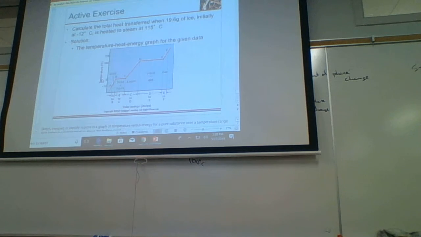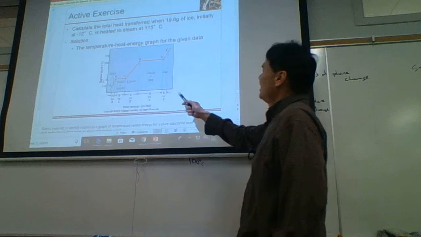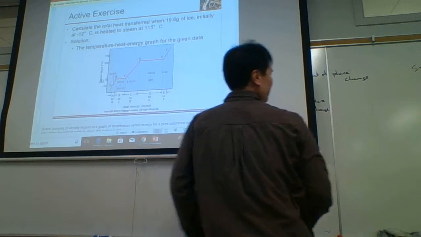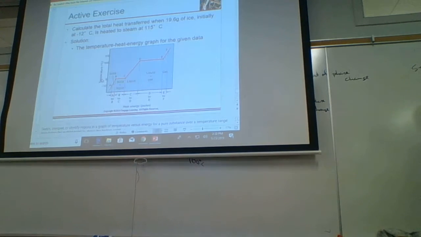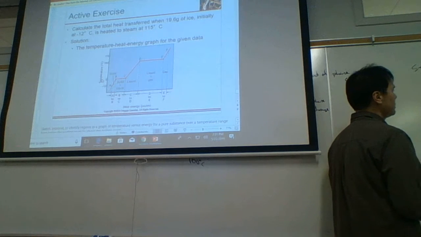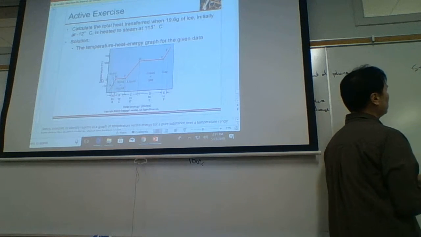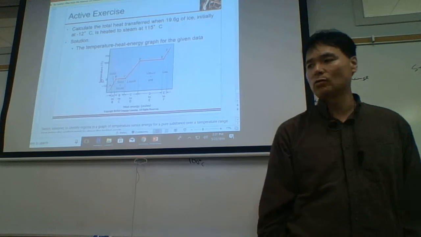And so what is my delta T? Well, the delta T is T final, the maximum temperature of ice, which is going to be 0 degrees C, minus the initial temperature, which was minus 12 degrees C. So it's a minus, so the temperature increased by 12 degrees C. And so let's calculate how much heat is required to warm up the ice.